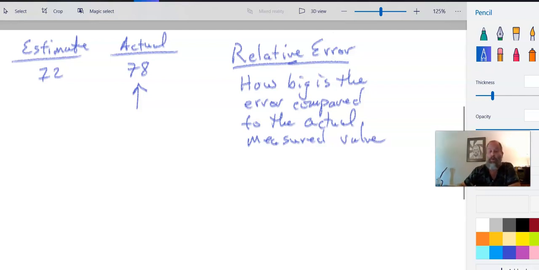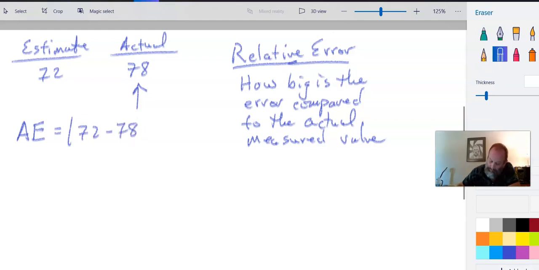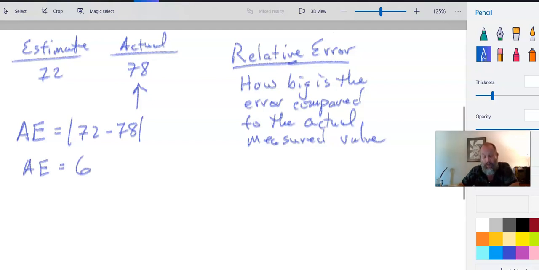So we're comparing these things. Now, if we remember from before, our absolute error was the absolute value of 72 minus 78, which was 6. So what that means is we're comparing the absolute error to the actual value.